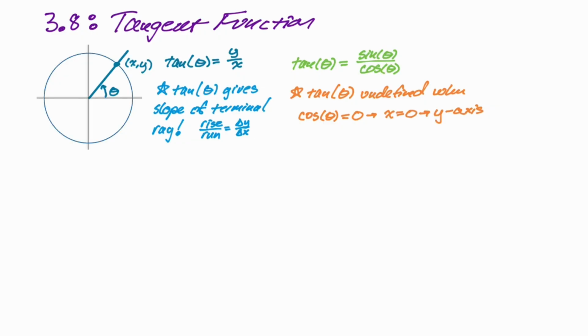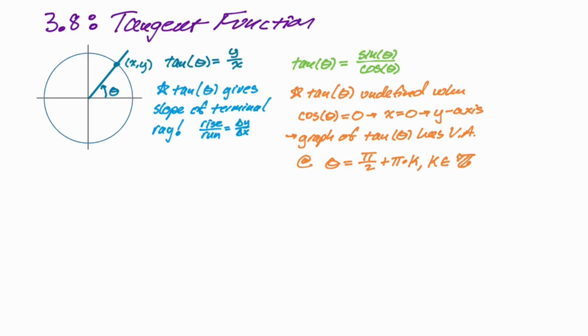And if tangent is undefined, tangent actually has a vertical asymptote. So tangent has a vertical asymptote anywhere cosine is 0. Cosine is 0 when x is 0. If x is 0, you're on the y-axis. So when you hit the y-axis, you get vertical asymptotes for tangent. And you can write it as pi over 2 plus pi times k, where k is an element of the integers.